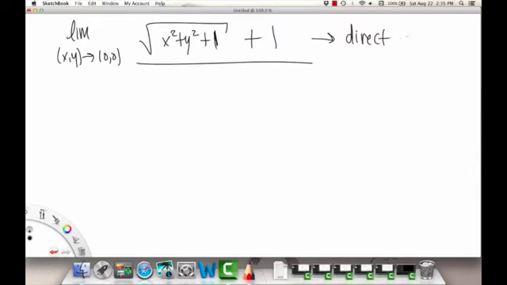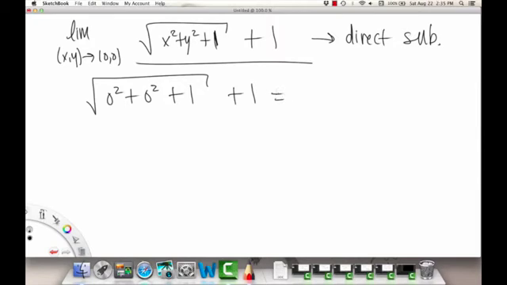We plug in the 0 and the 0: 0 squared plus 0 squared plus 1, and then plus another 1. That's the square root of 1, plus 1, which equals 2. So that is it for that limit.